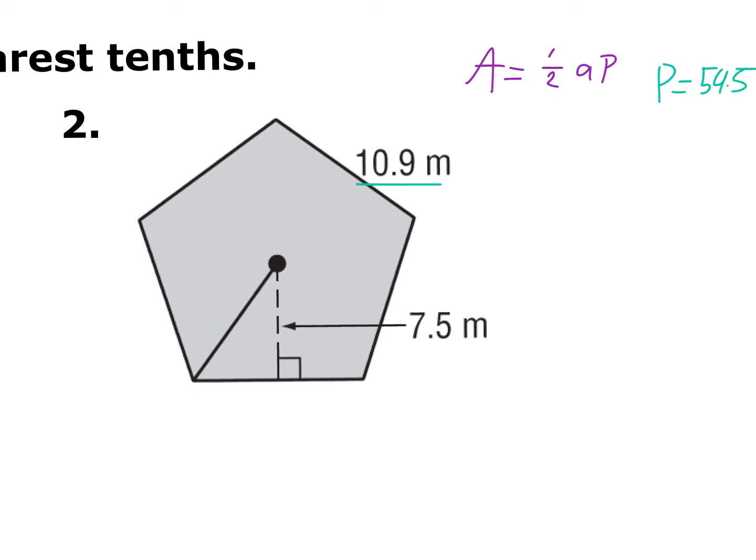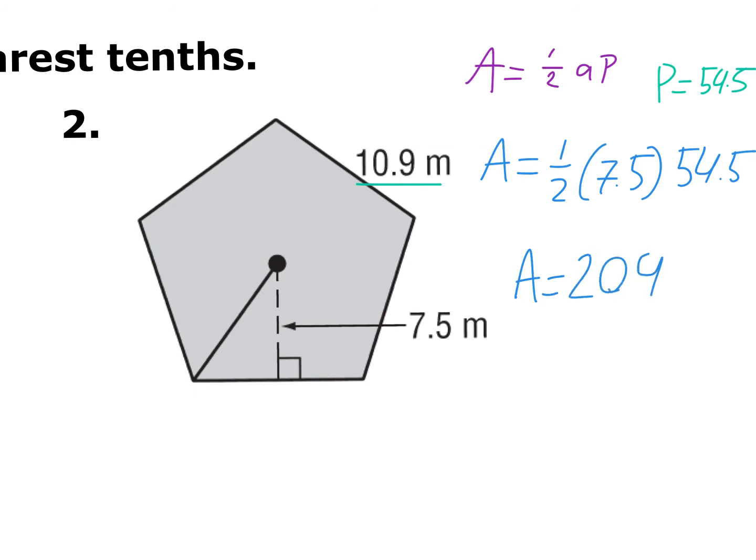Our apothem is given to us as 7.5 meters. Therefore, this becomes a plug-and-chug equation such that the area is equal to 1/2 times 7.5 times 54.5. Rounding to the nearest tenth will give us an area of 204.4 meters squared.